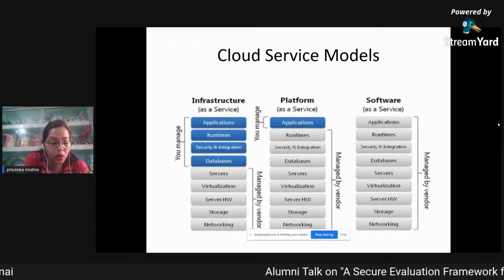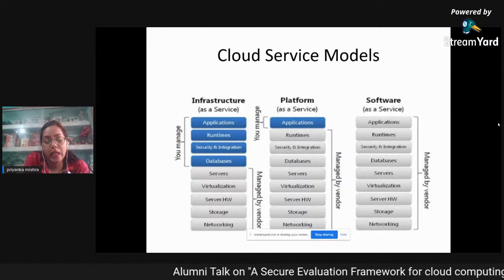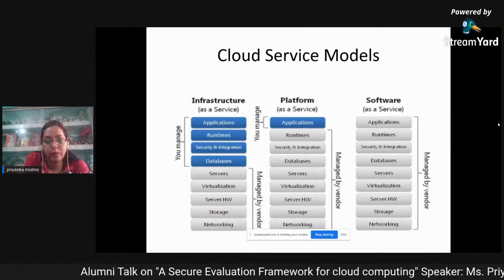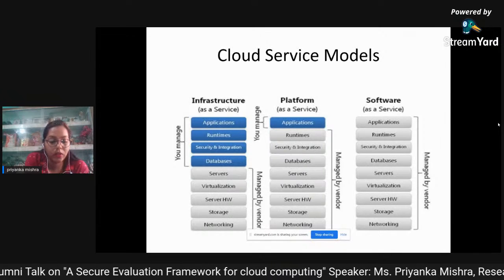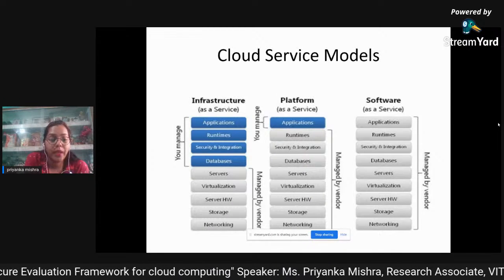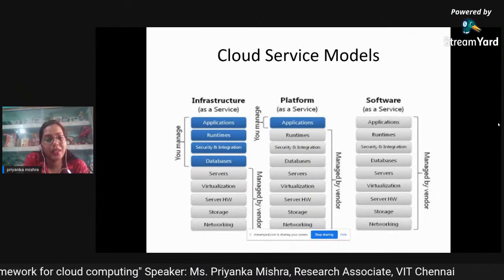Popular examples of IaaS are IBM Cloud and Microsoft Azure. Microsoft Azure is very much based on infrastructure services and applications.